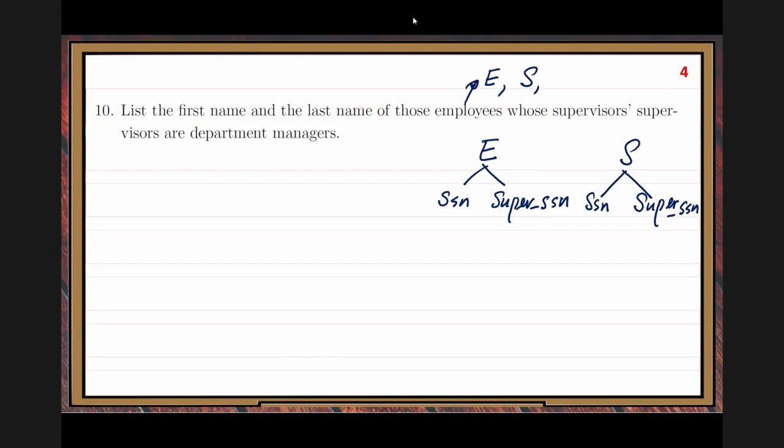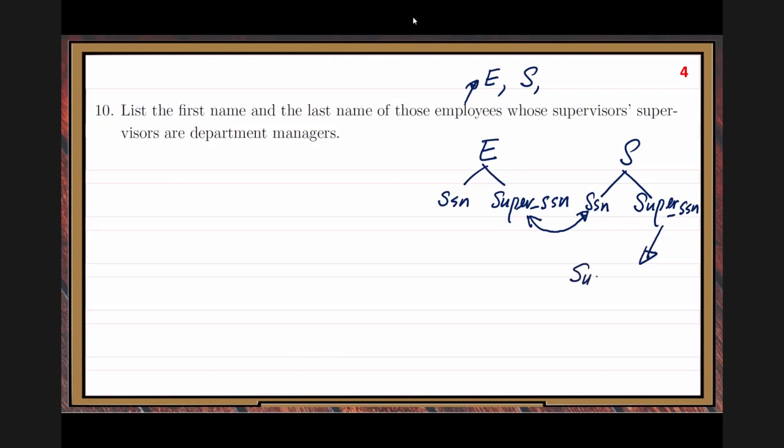The supervisor in E copy is the same as the SSN in S copy. Then this one gives you the supervisor's supervisor, right?